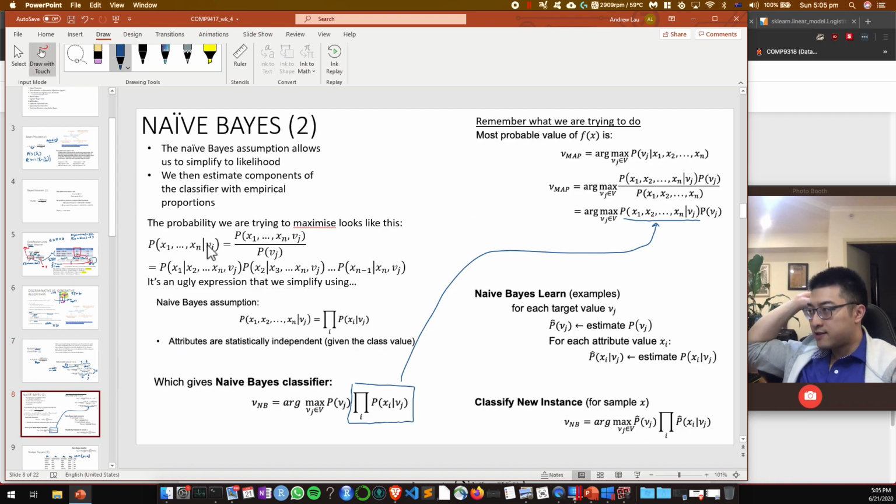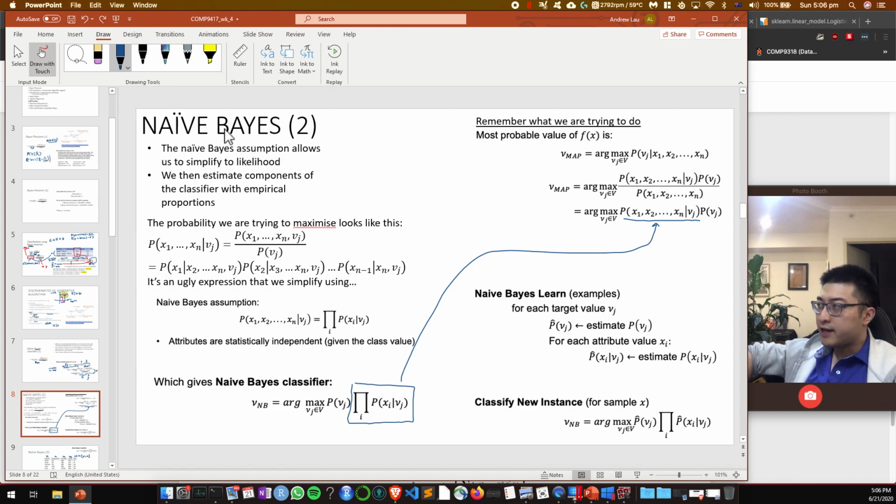But the problem is this is not an easy thing to unravel. If you expand it out, effectively you have to go: the probability of the first feature given everything else, times the probability of the second feature given everything else. And why is this? It's that the features given the target may not be independent, right?